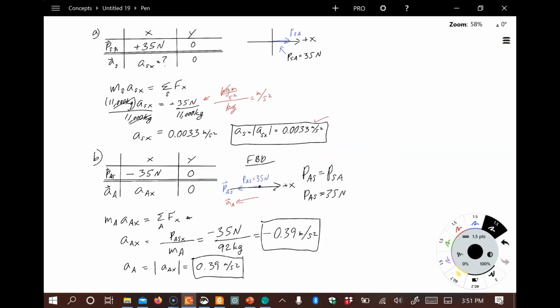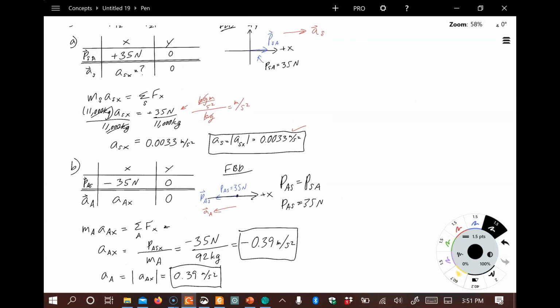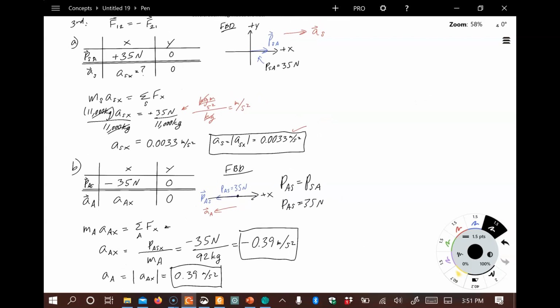So notice what we found out about Newton's third law here. We found out that the accelerations are different, but the forces were the same magnitude, opposite direction. In other words, in part A, we've got this tiny, tiny acceleration of the space shuttle, and in part B, a much larger acceleration of the astronaut.